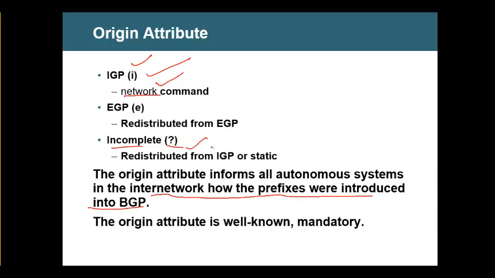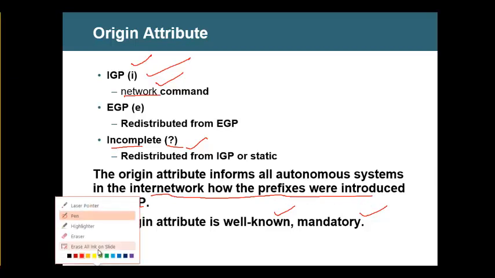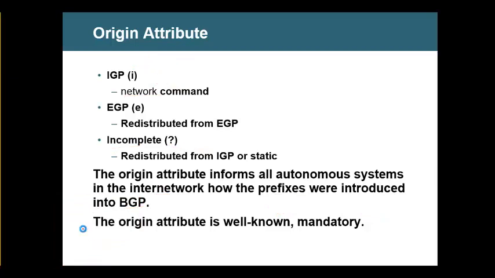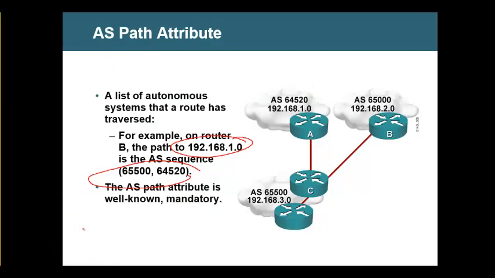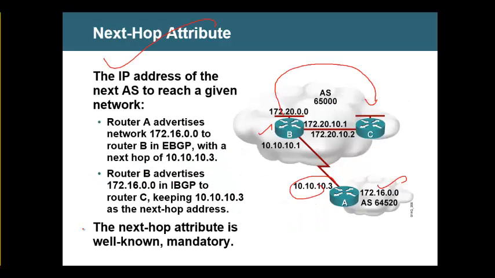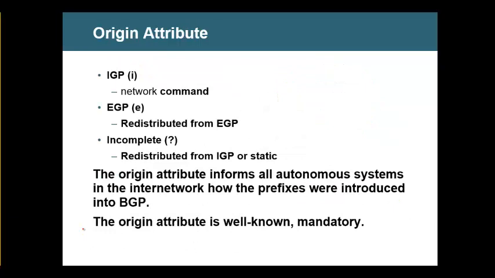The origin attribute is a well-known mandatory attribute. So we have seen AS path, which is well-known mandatory. We have seen next hop, which is also well-known and mandatory. We have seen origin, which is also well-known and mandatory.